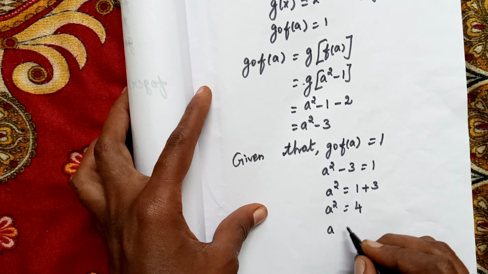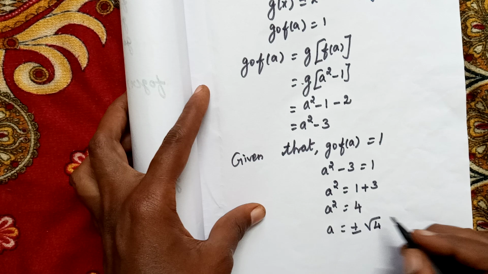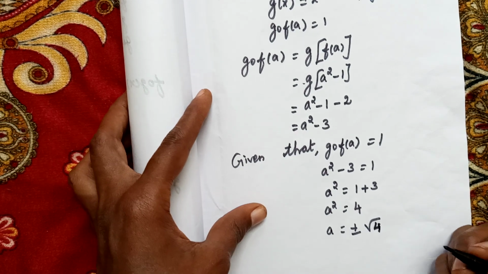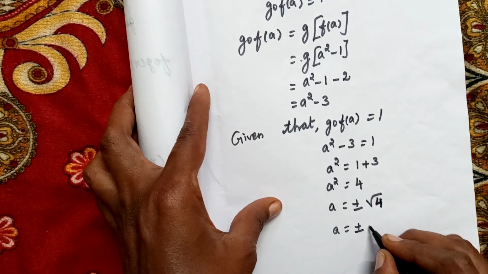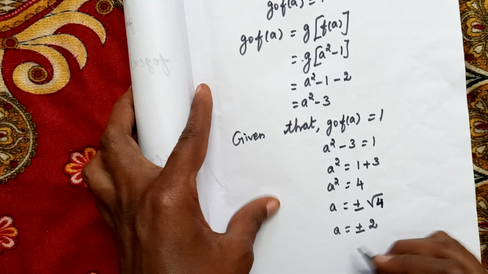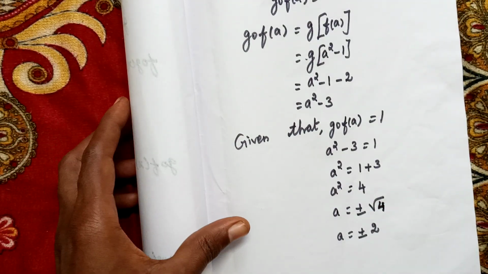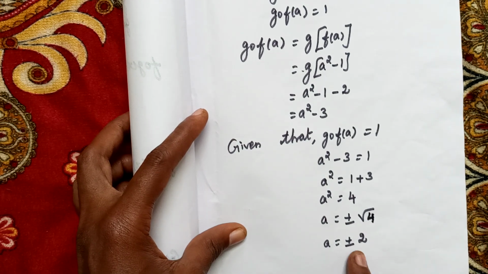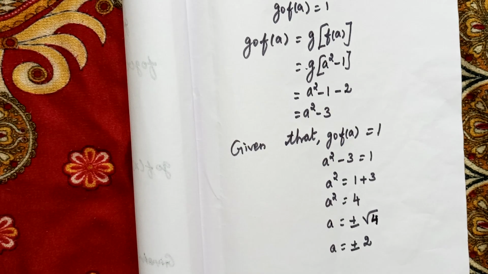So, a is equal to plus or minus root 4, which means 2. Plus 2 the whole square is also 4, minus 2 the whole square is also 4. So, we have to write a is equal to plus or minus 2. Okay. Any doubt in this question?